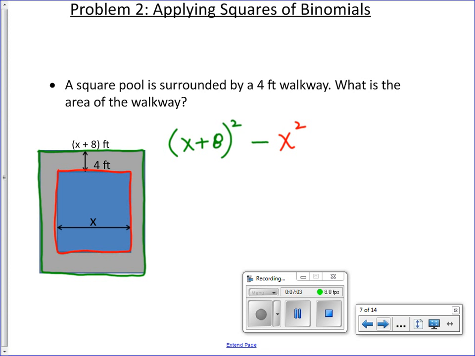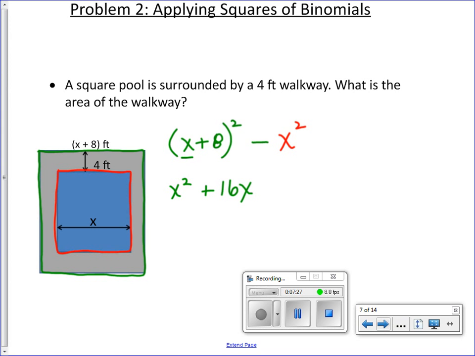All right, so let's use our special formula for a square of a binomial. So we take the first term, x, and square it. What we find here is our outer term and inner term are exactly the same. So x times 8 is 8x, and double that gives us 16x.